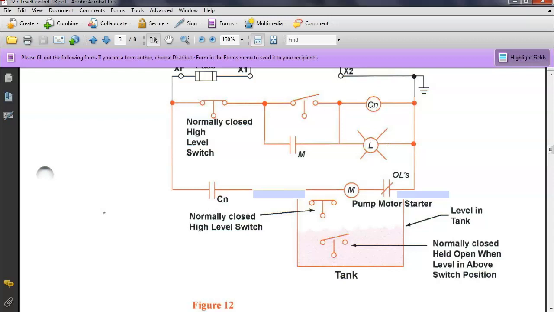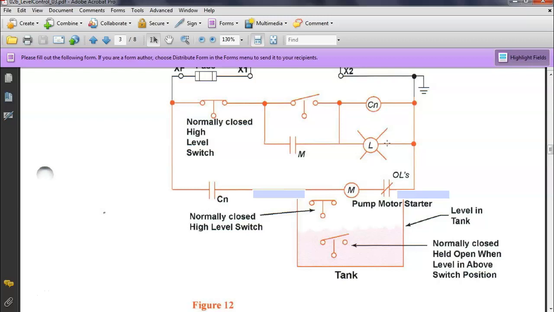So this is the normally open. So that means we're not below the level. Now this is not really a normally open. I need to think about that. It's a normally closed held open now. Oh, it's over here, right?